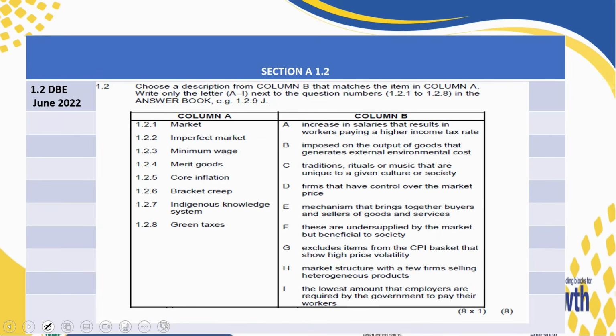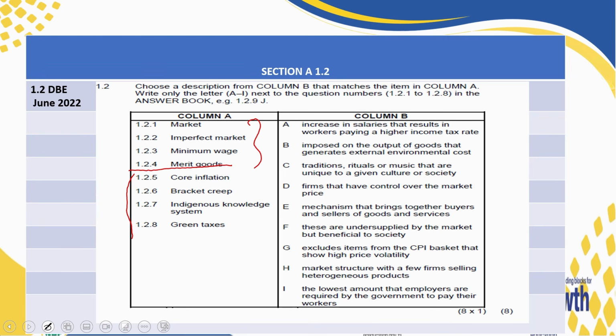Now, coming on that section A, I also brought the match column A and B. Now, if you look from 1.2.1 to 1.2.4, this is all microeconomics. And from 1.2.5 all the way to 1.2.8, this is now contemporary economic issues.